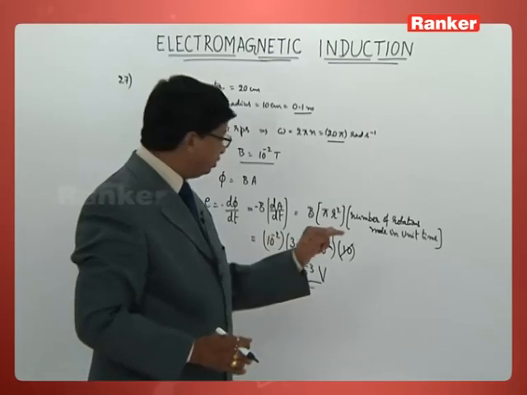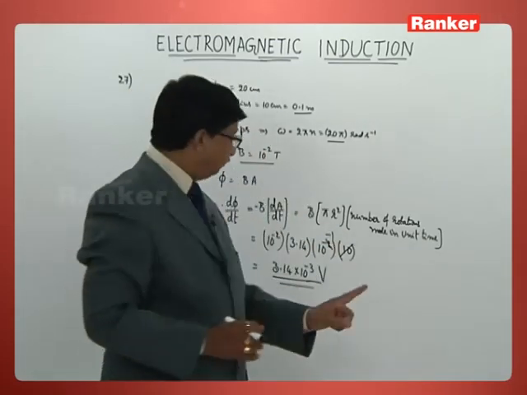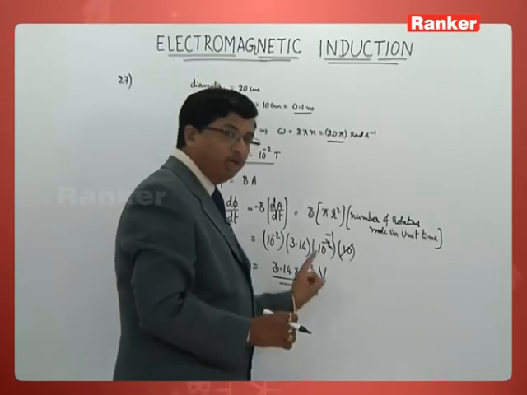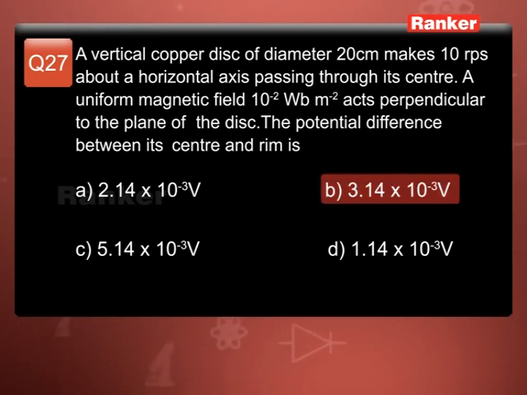Now see the options mentioned. Second option is exactly the same calculated value we have got. Second option is 3.14 into 10 power minus 3 volt. Same value we have got. Therefore, we can say answer is going to be B for this.